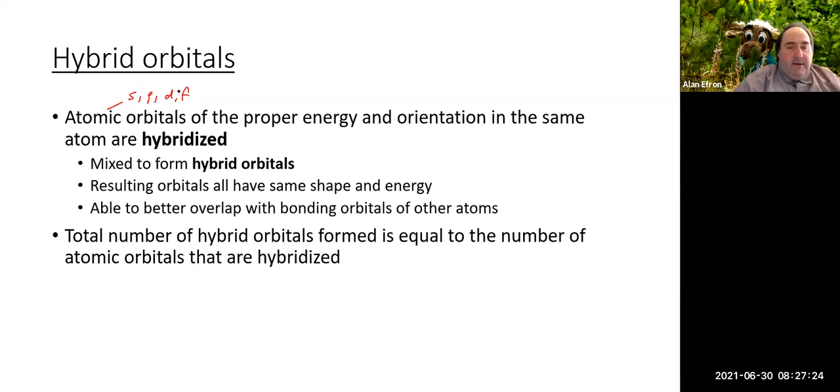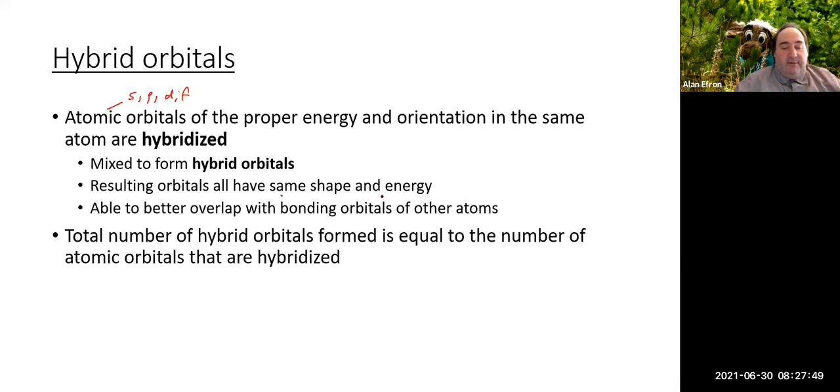So what we try to do in this model is take these atomic orbitals, which are s's, p's, and whatever it may be. They're obviously different shapes and at different energy levels, and we mix them together. The result is that we create orbitals that have the same shape and the same energy.